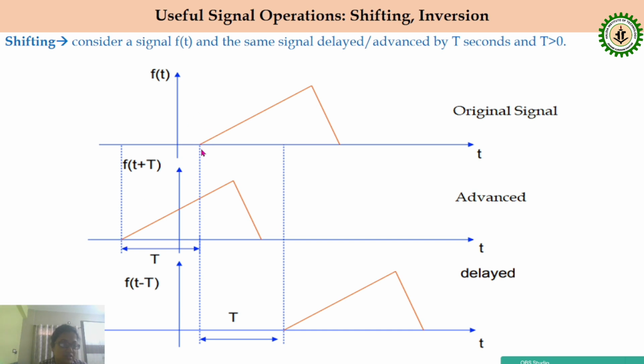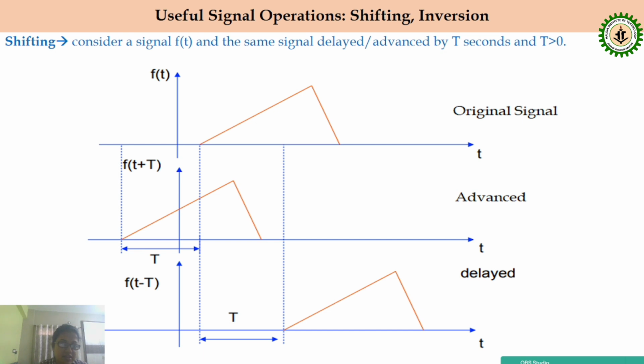If a student comes for the class at 10 am, that is the present time. But if a student comes earlier, before time, we can say the student is advanced, or the student came before the class. So this is the representation of an advanced signal. Before time it already took place.